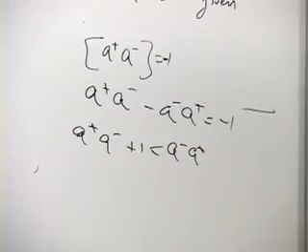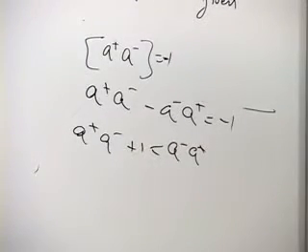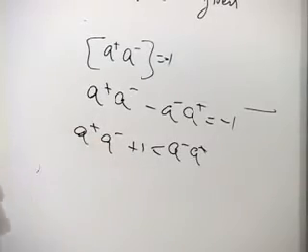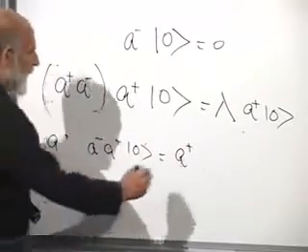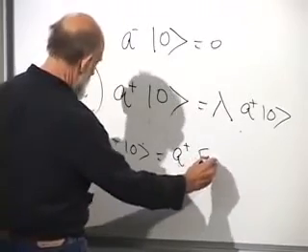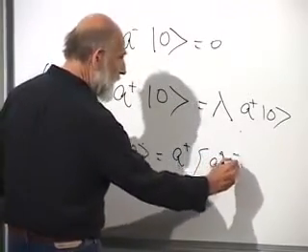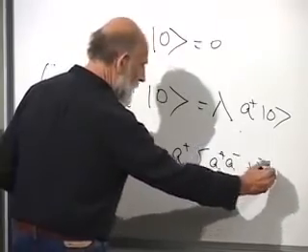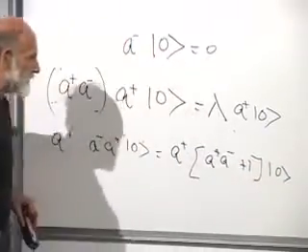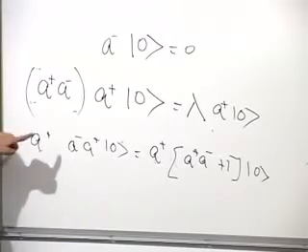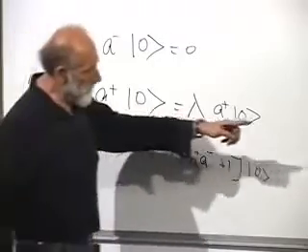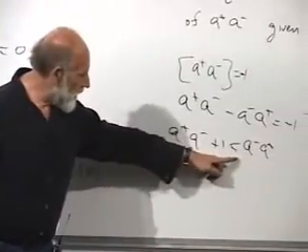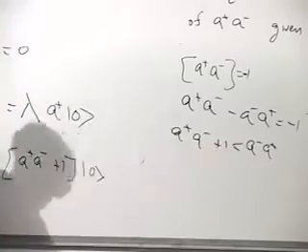All right, I have A minus A plus here. I can replace it by A plus A minus, but I have to add in a 1. So this is equal to A plus, times A plus A minus plus 1, on O. All I've done is use the commutation relation to invert the order of these two and then add in the extra 1 that's necessary.